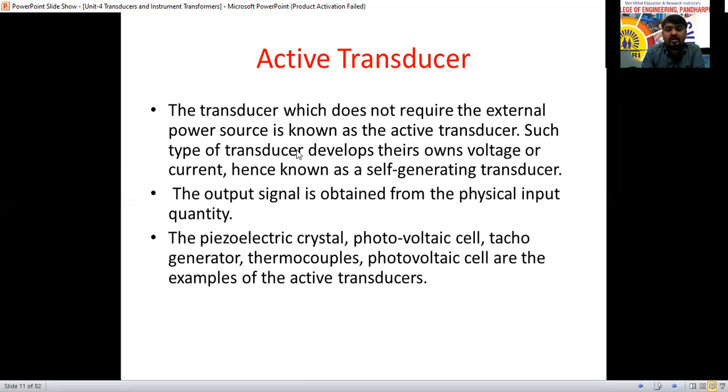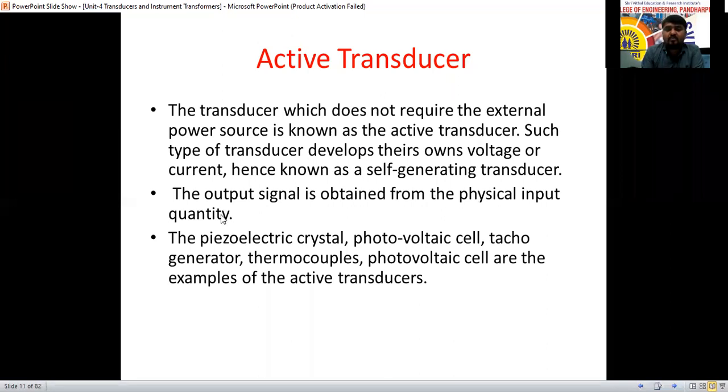So the transducer which does not require an external power supply, but still converts one form of energy into another, that is, a physical quantity into an electrical quantity, is called an active transducer. They are also called self-generating transducers.